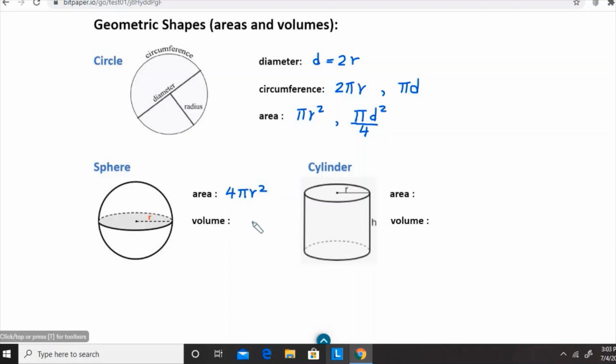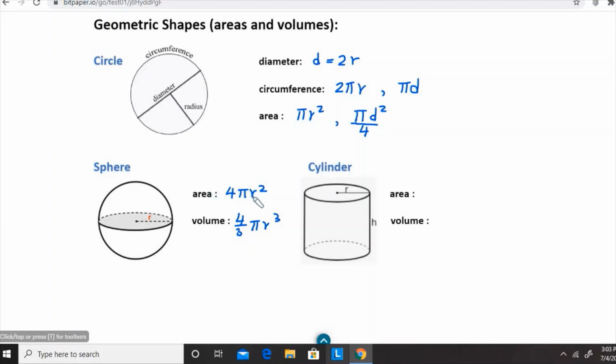The volume of a sphere is given as 4 over 3 pi r cubed. Always remember, when it comes to the volume, the radius varies as r cubed. If it's a surface area, the radius varies as r squared because surface area is two-dimensional.